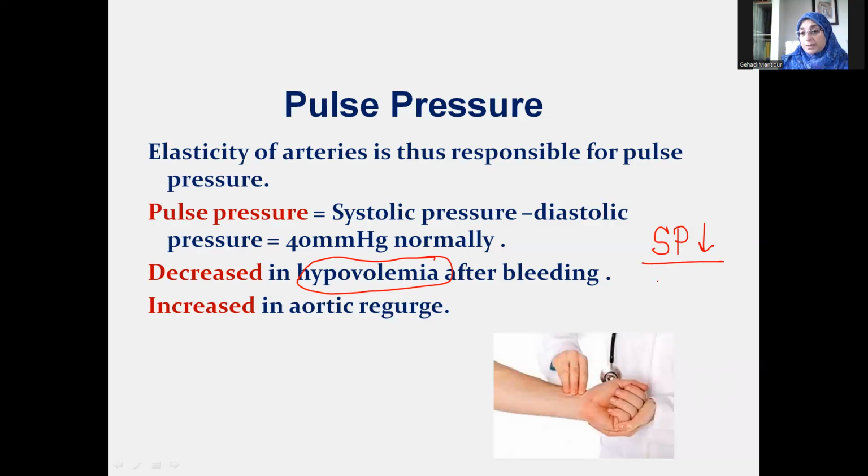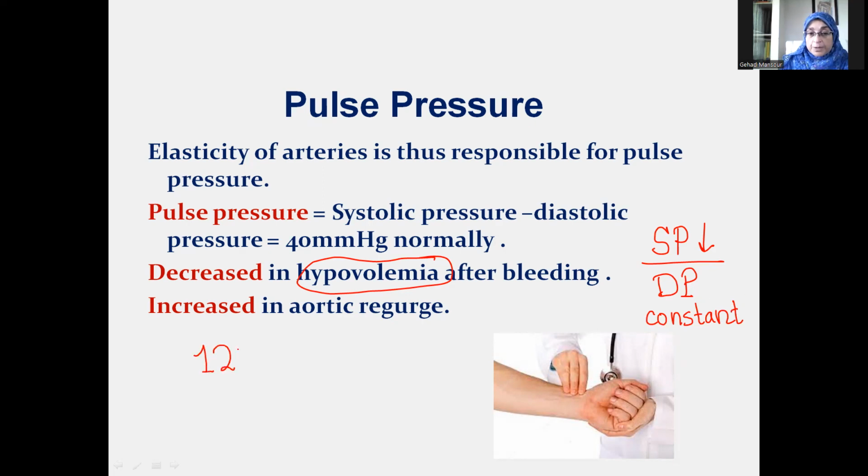We are expecting the diastolic pressure to diminish, but actually what happens is that the blood vessels constrict to protect the diastolic blood pressure, to keep it as it is, so the systolic pressure diminishes whereas the diastolic pressure stays constant, so the pulse pressure becomes narrow.